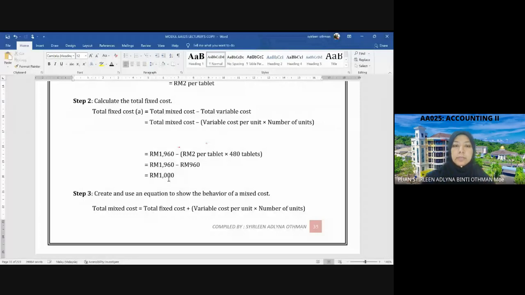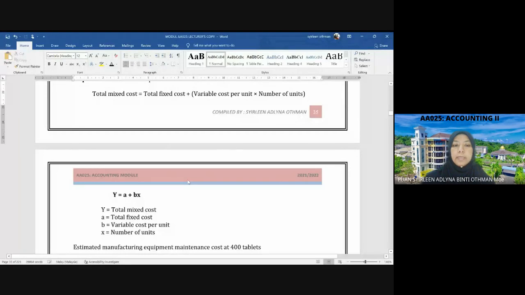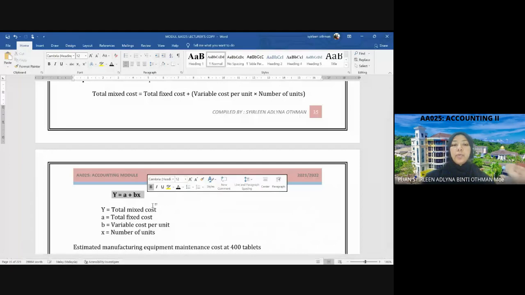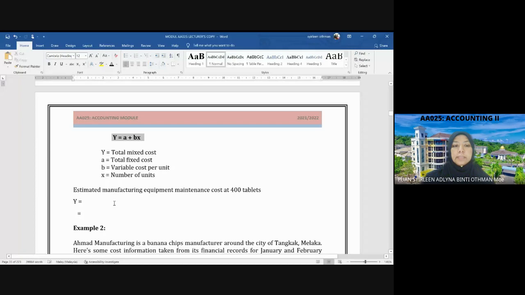Okay, so cost equation tu is Y equals to A plus BX. This is the one that kita guna tadi untuk cari nilai A. Okay, so tadi you dah ada nilai A, you dah dapat nilai B, you boleh bentuk cost equation. Alright, so cost equation dekat sini, based on the answer just now, is actually, sekejap. Okay, I highlight dulu yang ni. Alright, so cost equation daripada yang kita dapat tadi.